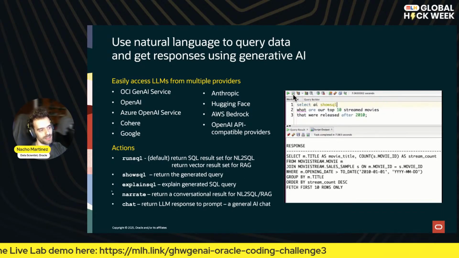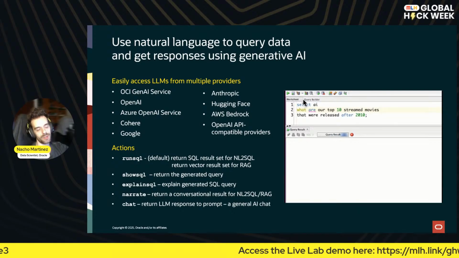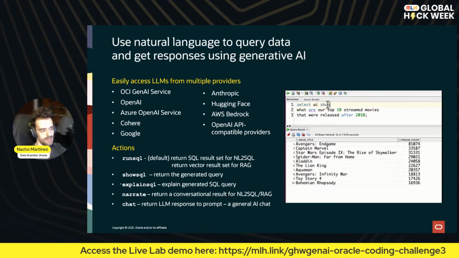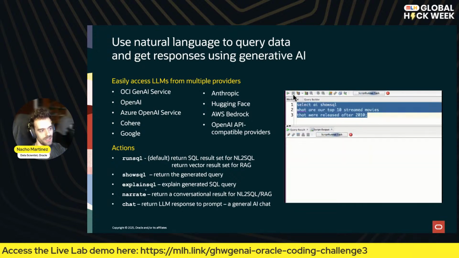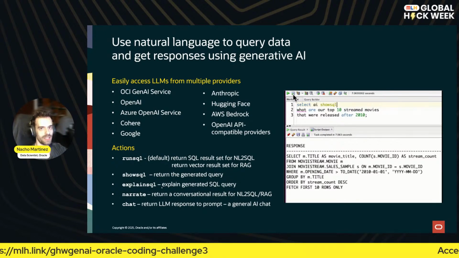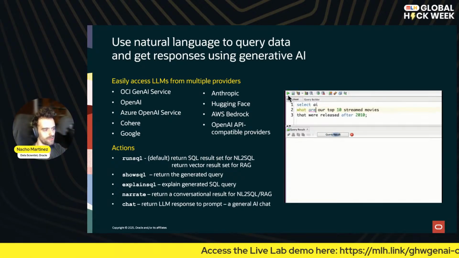These are just commands that have been pre-configured to solve the specific problem that you have. If you're running with run SQL, it will give you the SQL equivalent, and then you can run the SQL. If you just, for example, say, explain to me the SQL generated query, it will actually explain how it came up with this SQL.